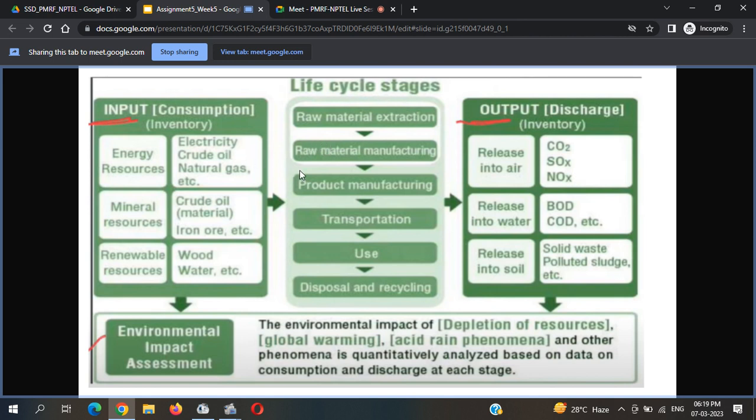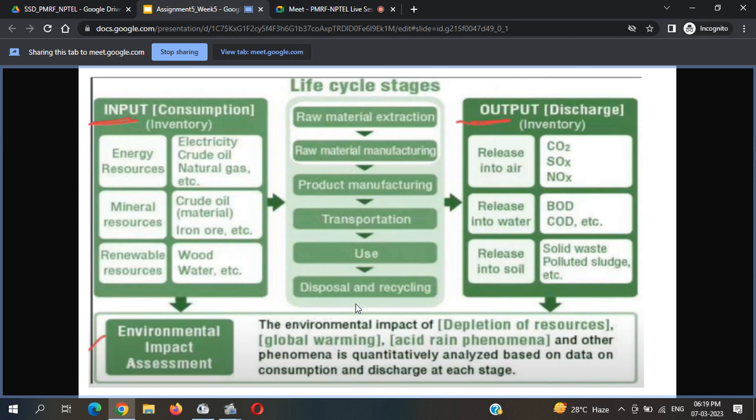So you are using electricity for product manufacturing, but even electricity was manufactured by another entity using some other raw material, for example, coal. So that is another way you can think about the manufacturing stage one step further. So there is raw material extraction, from that there is raw material manufacturing, and then from raw material manufacturing comes product manufacturing, which is then transported or distributed for use by the end user.